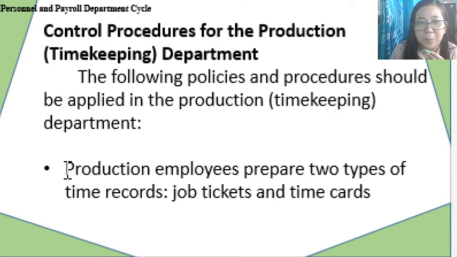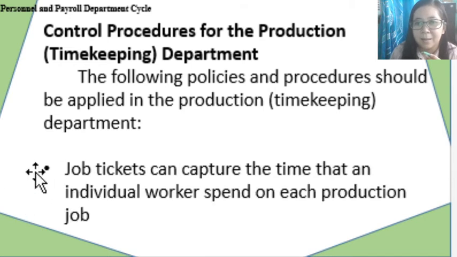For the production department, first, production employees will prepare two types of time records. Normally they have job tickets and time cards. This will be the basis for the number of hours that a particular employee has rendered for a certain period of time or day.